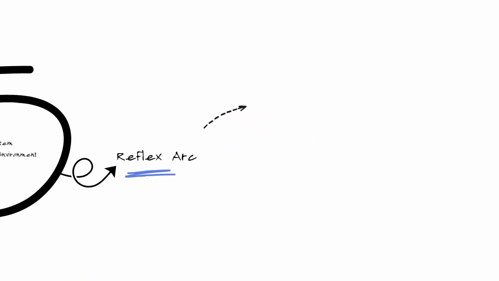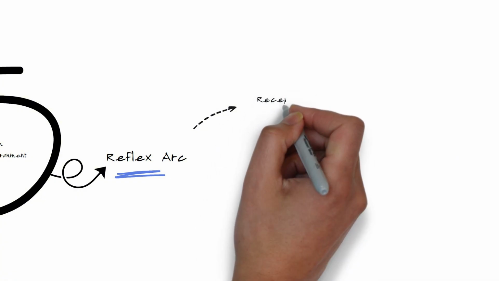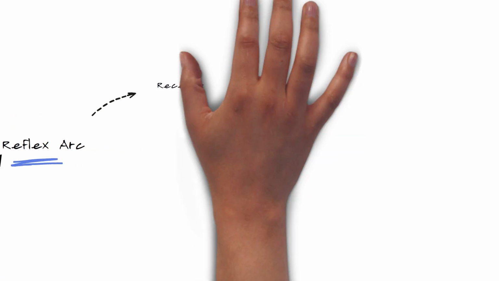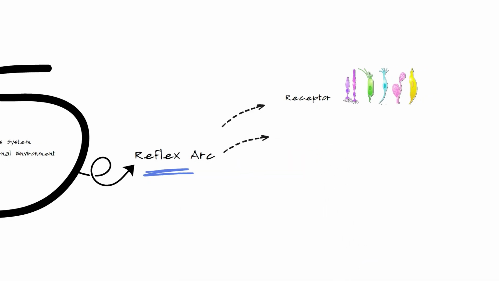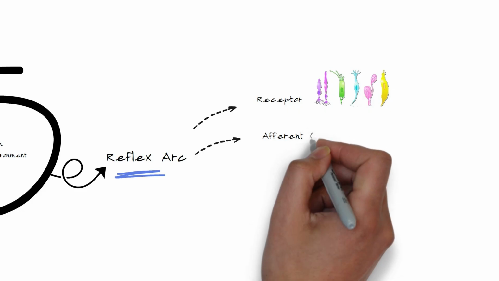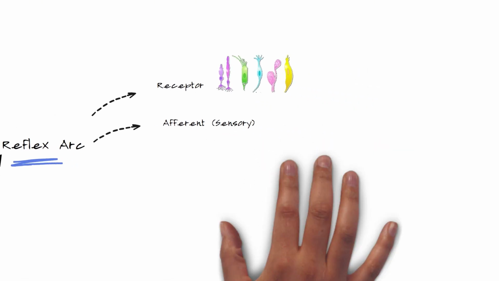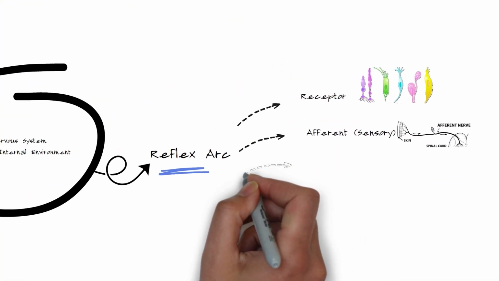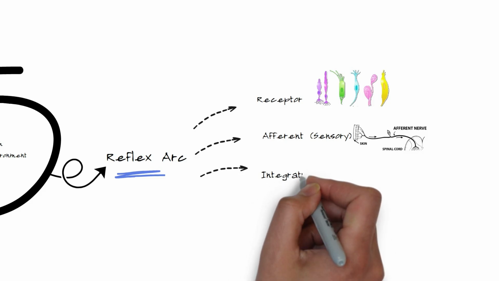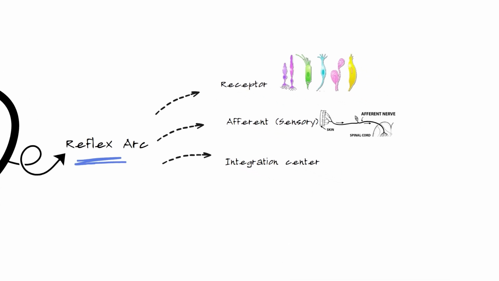The reflex arc component is mainly the receptor, which is responsible for the sensation. It detects the change, heat, pain, stretch, whatever the stimuli. Then the afferent neuron, the sensory neuron, which carries the impulse from the receptor to the center, and then the integrating centers, which could be spinal cord or the brain, where the sensory neuron is connected with the motor neuron, and the signal is interpreted and the decision is made fast.